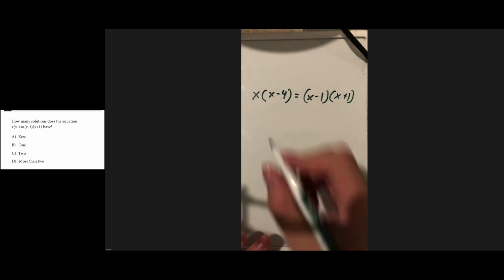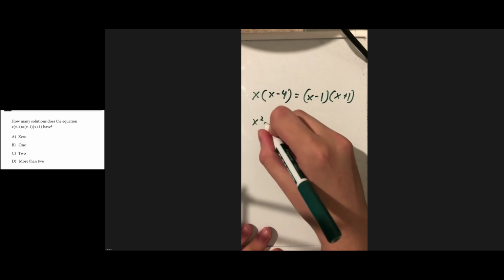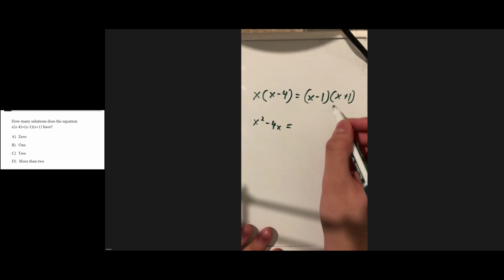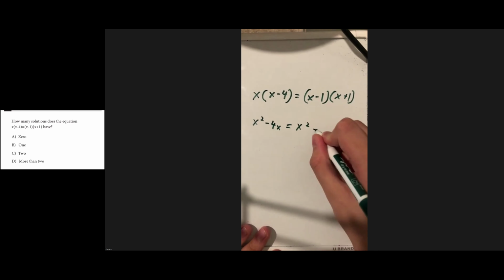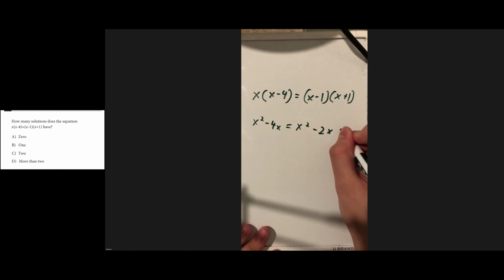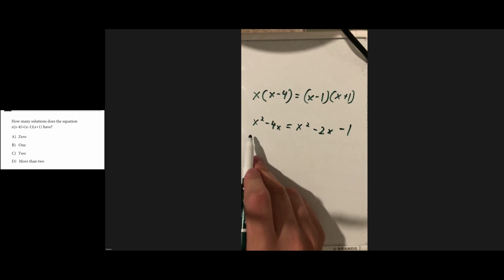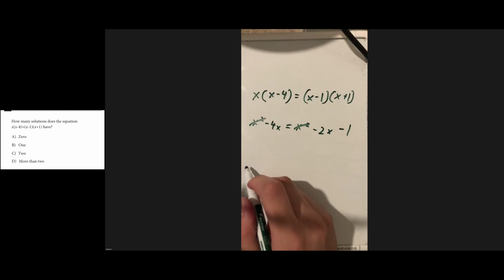Okay, so for this one, we just have to simplify this equation out. So we multiply the x, so that gives us x squared minus 4x equals, and this one we do the same thing, we cross multiply, which gets us x squared minus 2x minus 1. And then we still have to simplify, so we subtract x squared from both sides, and that would equal 0x squared.